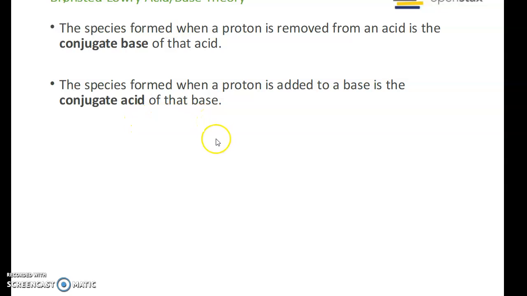So NH3, when a proton is added, is NH4 plus, which is the conjugate acid of the base NH3. Okay? So when a proton is removed from an acid, it forms the conjugate base of that acid. When a proton is added to a base, it's the conjugate acid of that base.